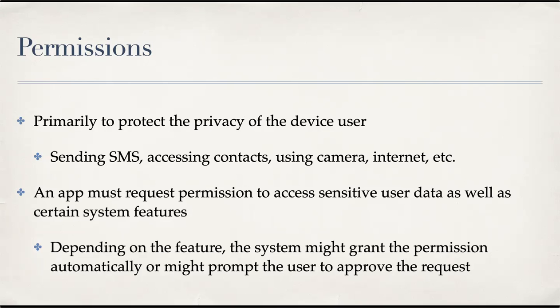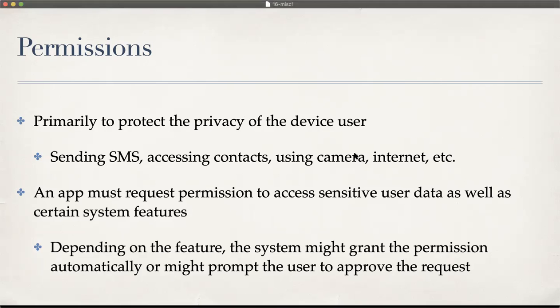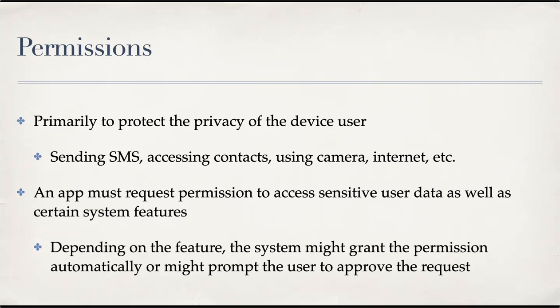To access any sensitive user data or certain system features like use of internet, you require permission. So the app must explicitly ask for the permission, and then the user is in charge of granting or denying the permission. Depending on the feature, and the need the user feels about that feature, the user is going to allow or disallow using that.